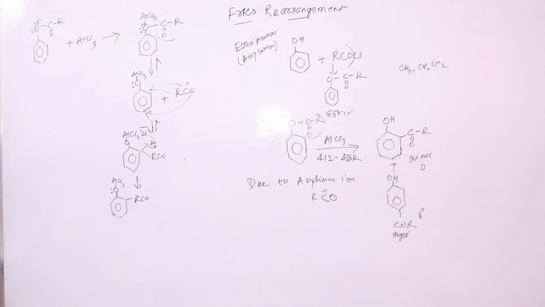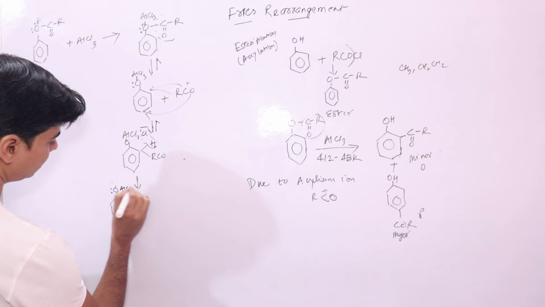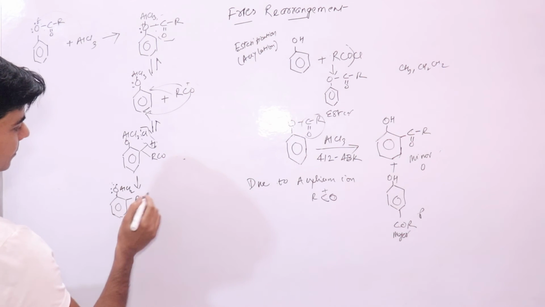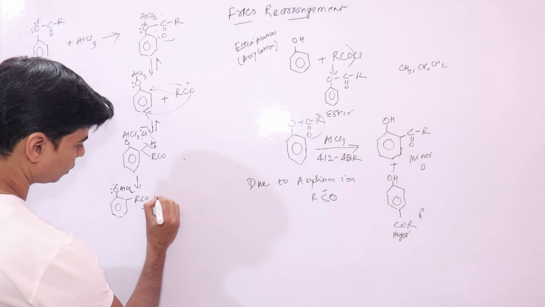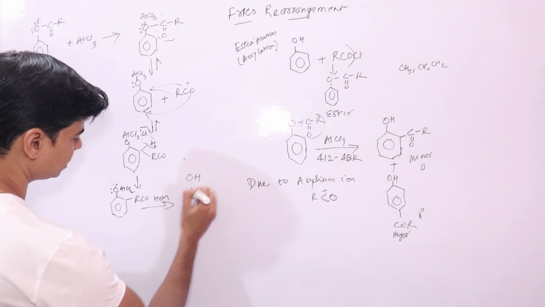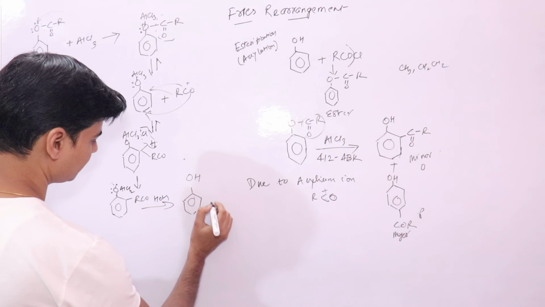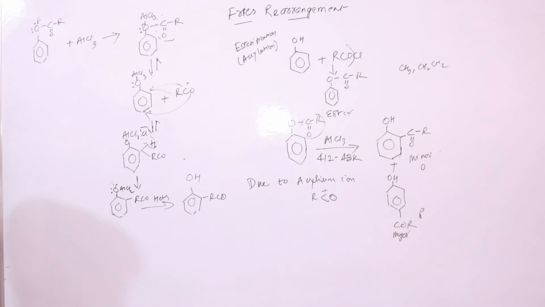Now this will undergo hydrolysis to form OH, and RCO you have here already. This is your ortho product that gets formed.